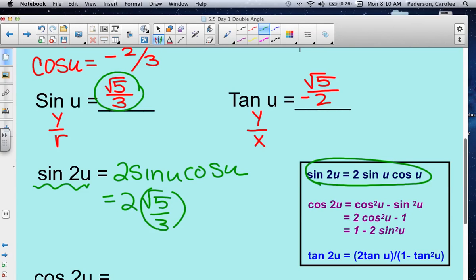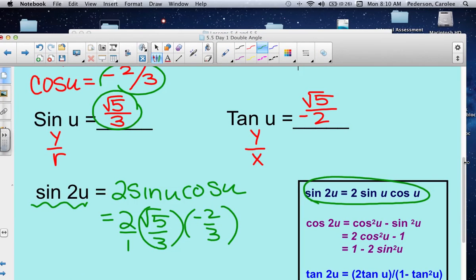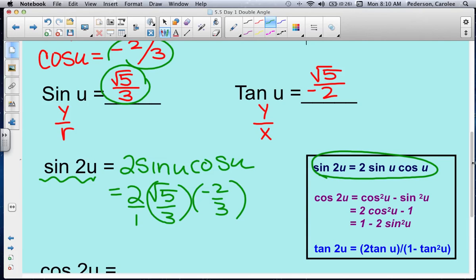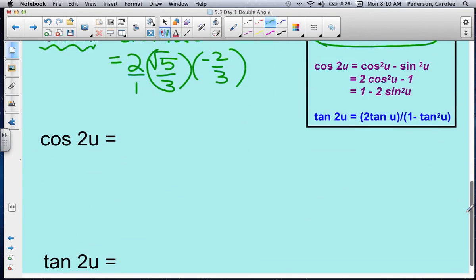And then the cosine of u is negative 2/3. And now we simplify these 3 fractions. I'm just going to throw a 1 underneath that 2. So we multiply across. 2 times negative 2 is negative 4. Square root of 5 over 1 times 3 times 3, which is 9.